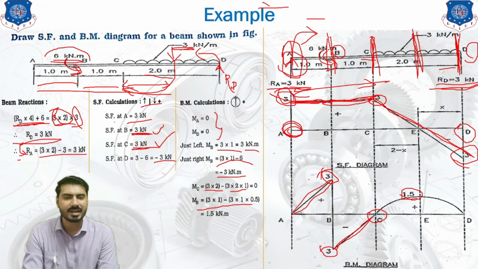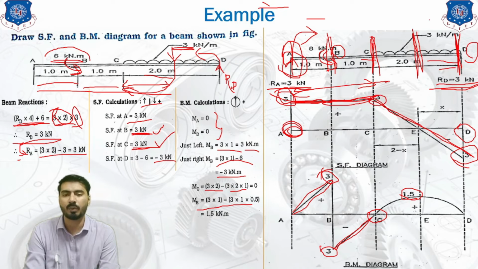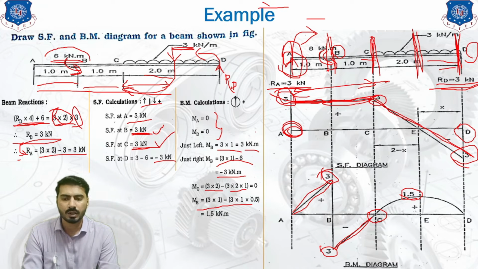On the right hand side, 3 into distance 1, and UDL is 3 into 2 into this much distance. 3 into 1 into this much distance, that is nothing but 0.5. So 0.5 into 1 into 3, that is our final answer of the bending moment, and we will get the algebraic sum as 1.5 kilonewton meter.